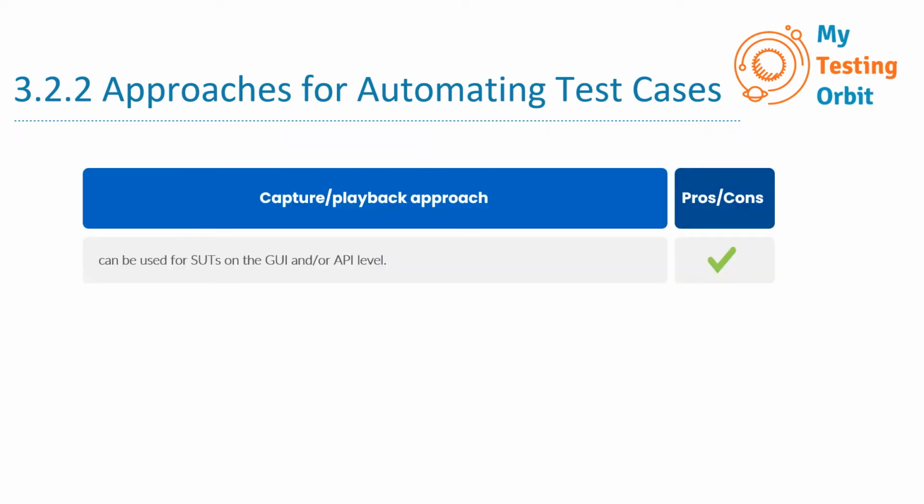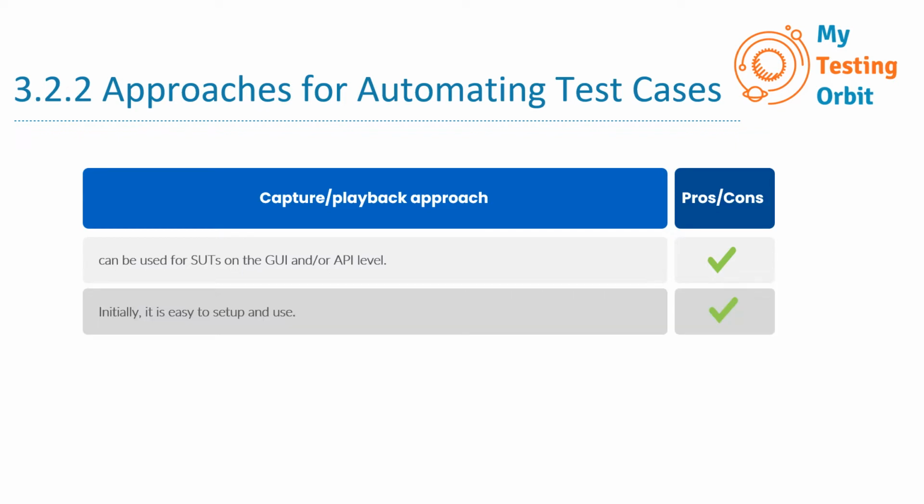Okay, now let's go through the pros and cons of this approach. So we already know that this is the easiest and simplest way to automate test cases. It can be used for system under test on the GUI and/or API level. So we can use it for both GUI level and API level.